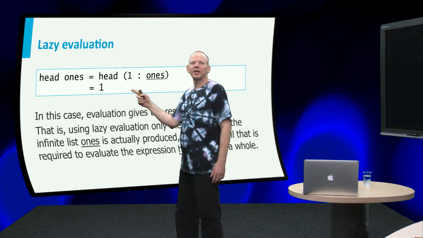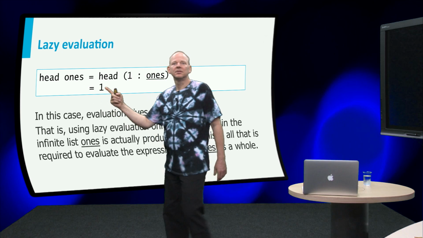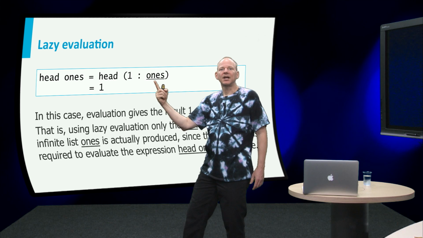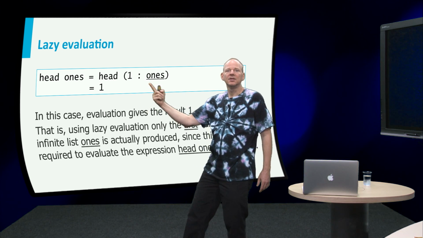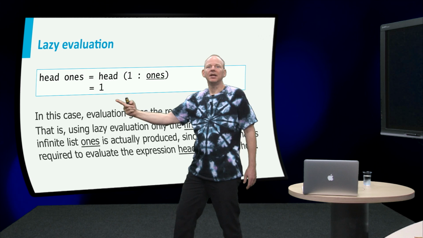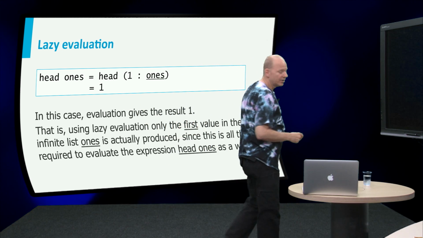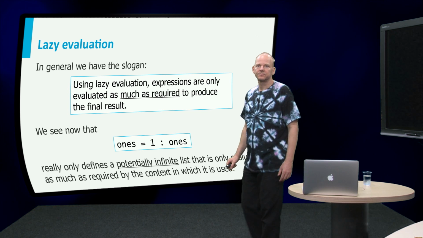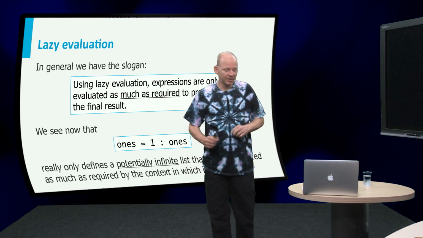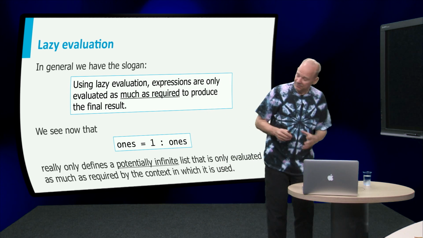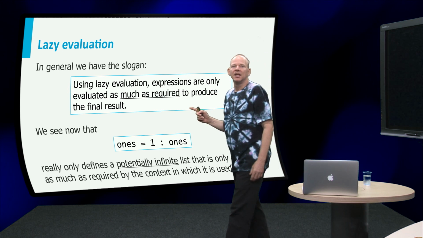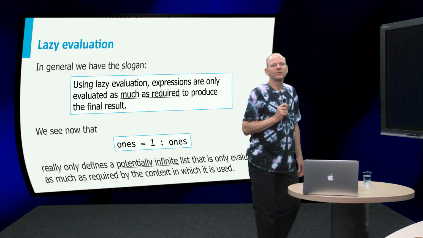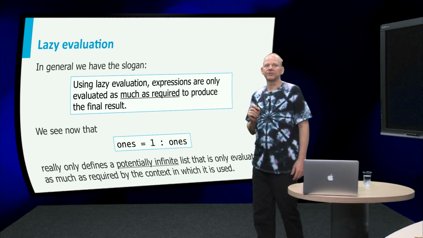Whereas if we use lazy evaluation, head of ones, well, that's still not reducible, so we have to unfold this guy, so we get 1 cons of ones. Now we can do this, and we're done. Okay? So in this case, the result is 1. So in general, the slogan of lazy evaluation, think of doing the dishes, is we're doing just enough work as required to produce the final result.